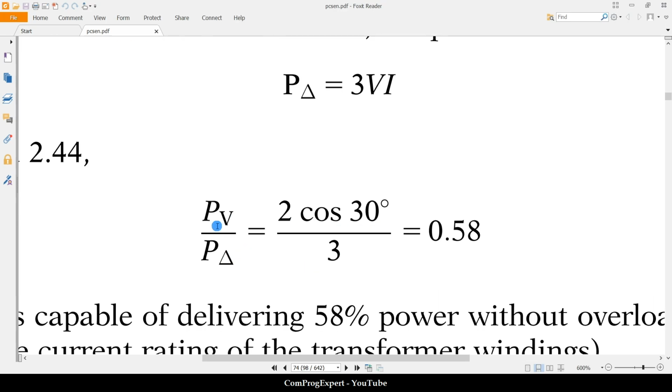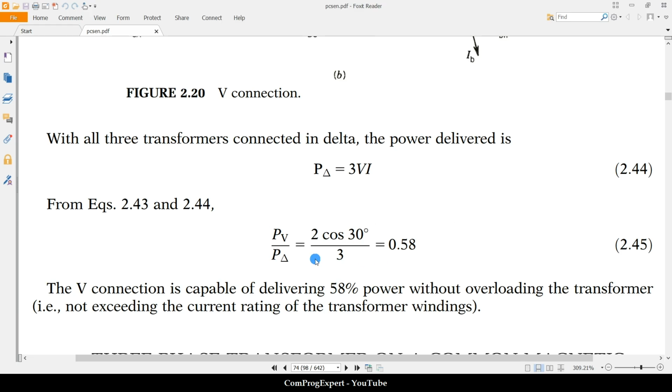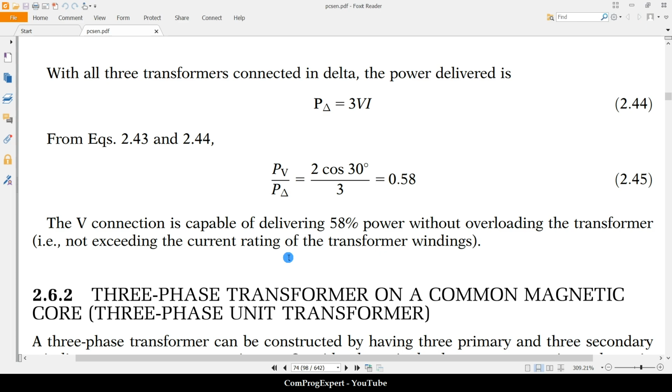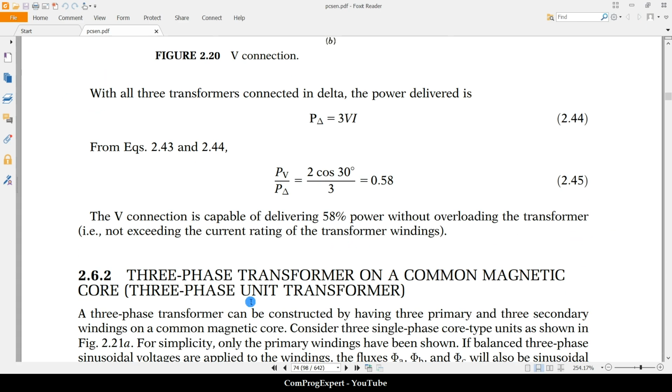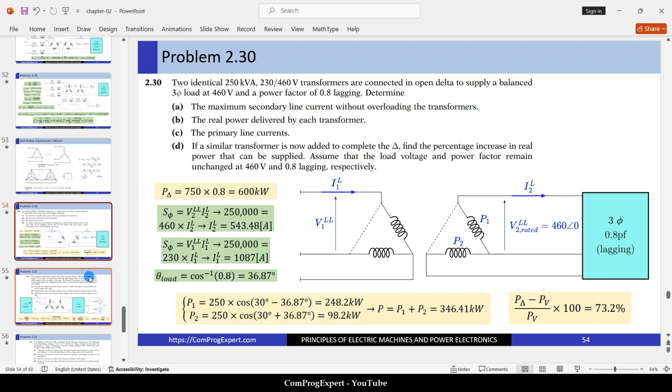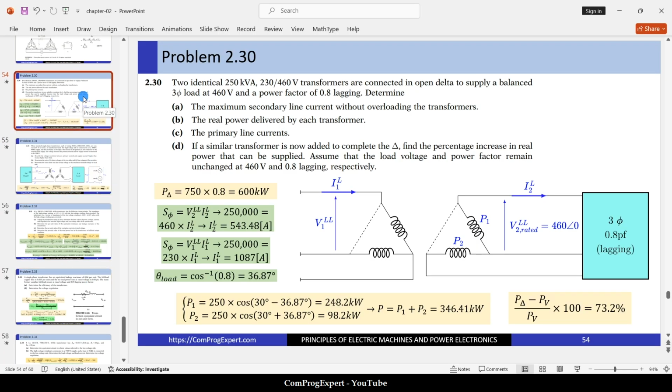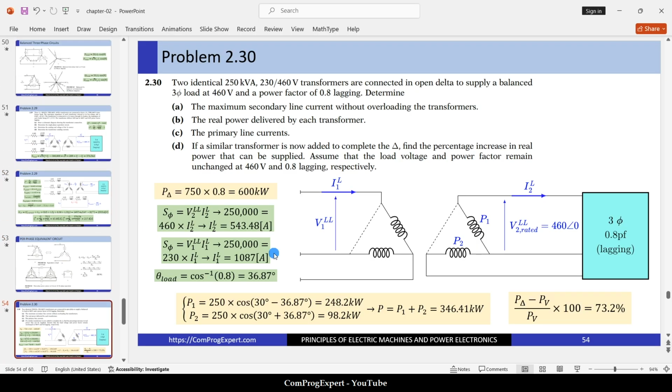So the power delivered by the V connection is 58% of the power delivered by the delta connection, the maximum power for this resistive load. In our case, we can replace the numbers, yes, and calculate these quantities.